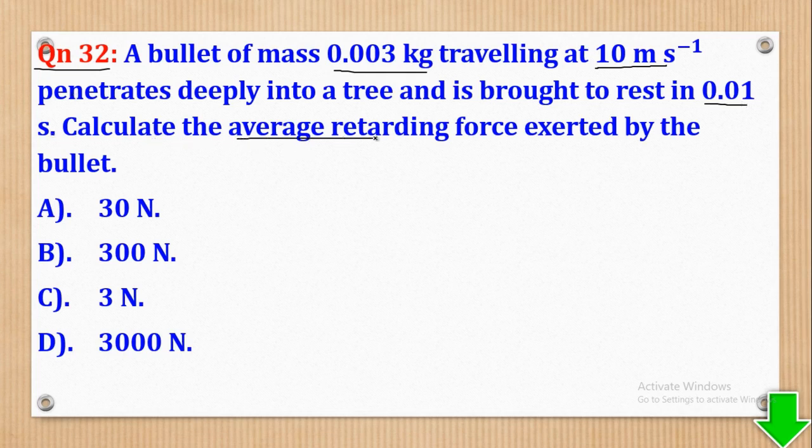Calculate the average retarding force exerted by the bullet. Option A is 30 newtons, option B 300 newtons, option C 3 newtons, option D 3000 newtons.